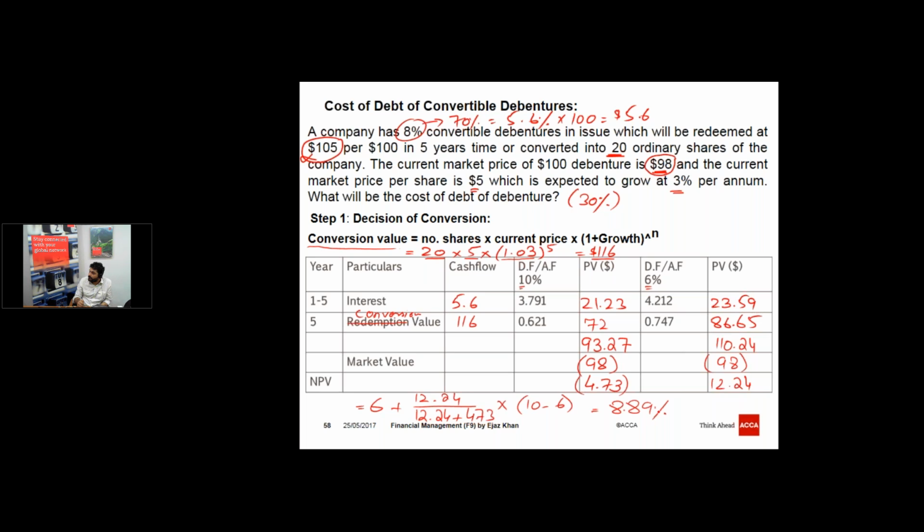Taha, what will we do then? Go for shares? Definitely. We won't be going for the shares. The investor will be going for the shares. We have actually calculated the cost of debt. So at point 0, we know that if the shares will grow at 3%, by the end of 5 years, we won't be paying the debenture holder.